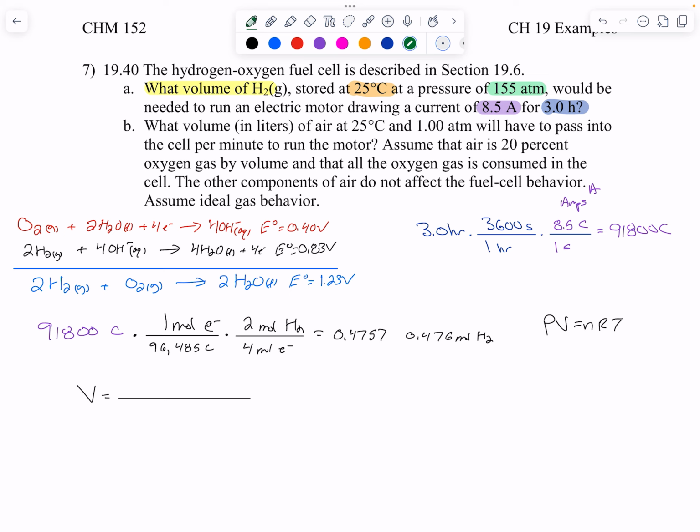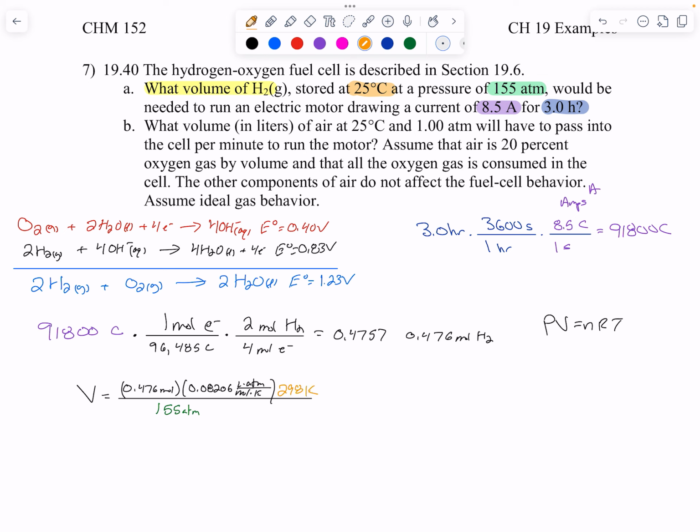Our moles are 0.476, R is 0.08206 liters atmospheres per mole Kelvin, and our temperature was 298 Kelvin.